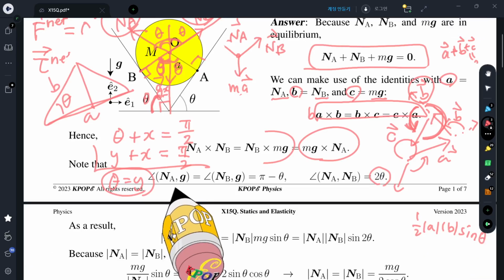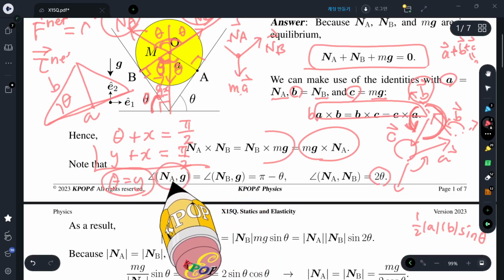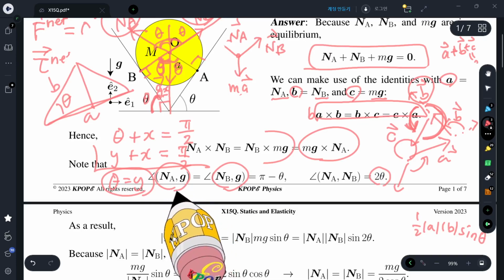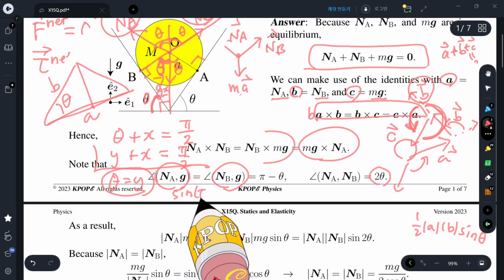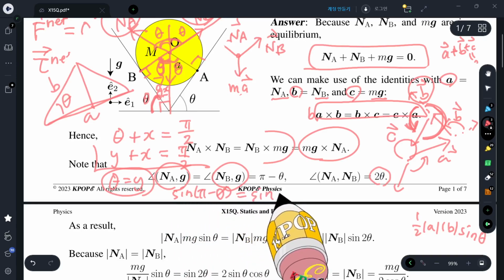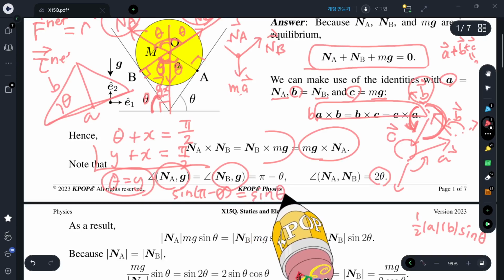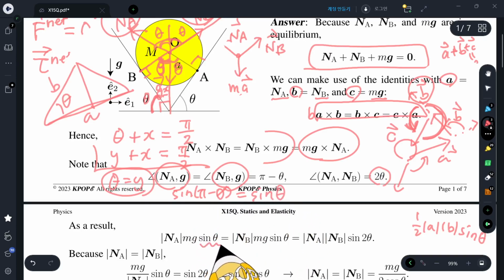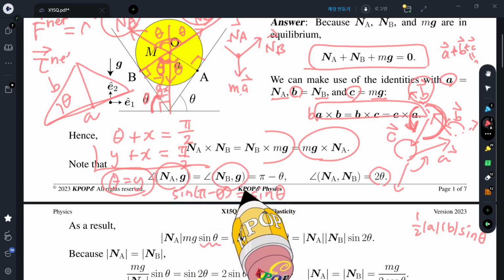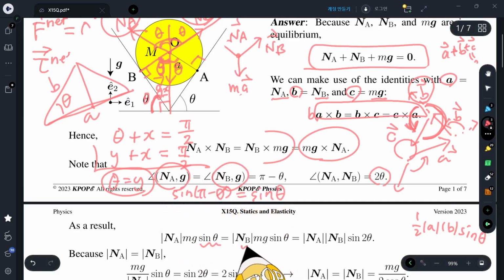So we use this relation, NA times mg sine pi minus theta. So there is a sine theta. Sine theta. Again, we can make use of this one.